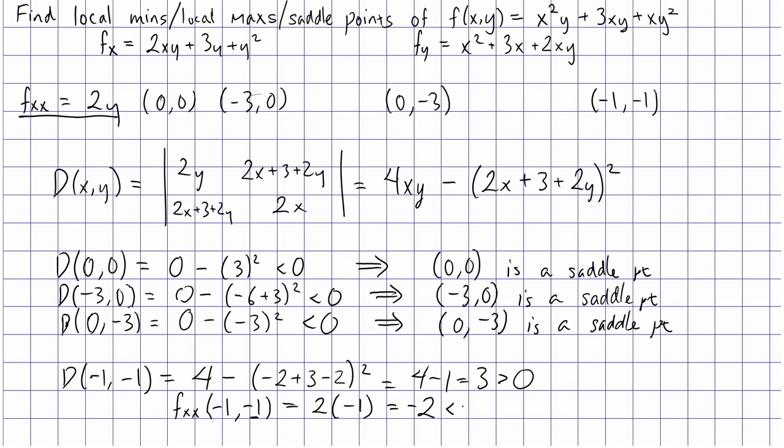Since this is negative, by the second derivative test, we get that negative 1, negative 1 is where a local maximum is located. I think the best way to say this, to follow the terminology of calculus books, is to say that f has a local maximum at negative 1, negative 1.